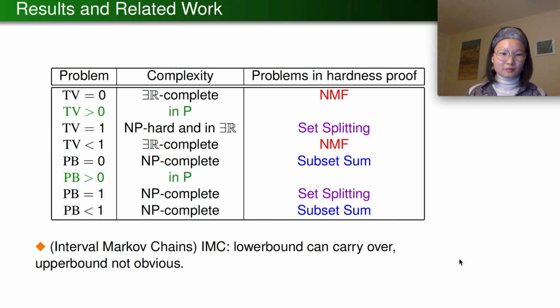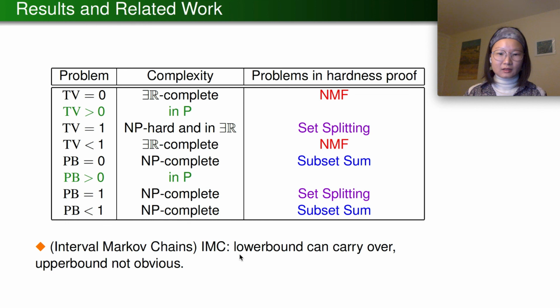Finally, I'd like to mention a few words on a related model, interval Markov chains, IMC, which is very similar to our normal Markov chains, but the transitions are labeled with probability intervals. Selecting a memoryless strategy in an MDP corresponds to selecting a probability from the probability interval in an IMC.